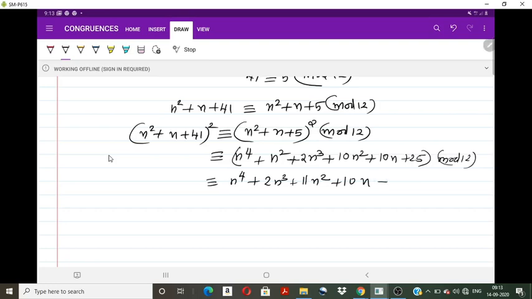Instead of 25 we can write it as 1 modulo 12, since 25 is congruent to 1 modulo 12.